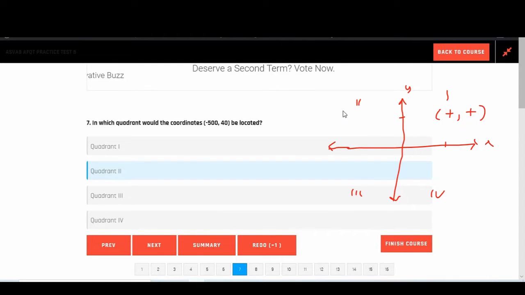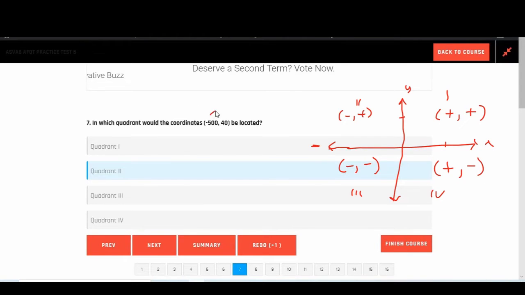In quadrant 2, the ordered pair is negative, positive. Again, your x goes negative, whereas your y is still positive. In quadrant 3, your x and your y are both negative. Negative, negative. And in quadrant 4, your x is positive, whereas your y is negative.